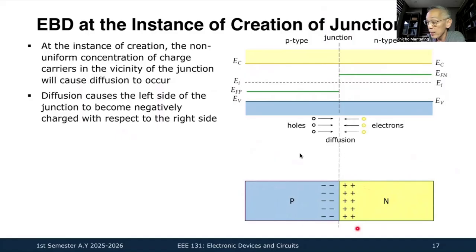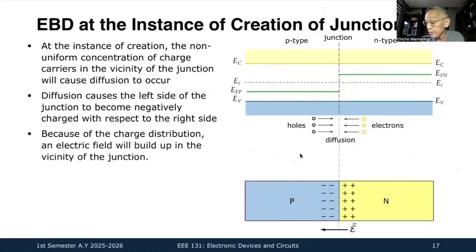Here, positive charge build up. Here, a negative charge build up. And whenever you have a charge distribution, as in the previous example of a non-uniformly doped semiconductor, you will have an electric field. There will be an electric field from plus to minus. This is the electric field. What happens when you have an electric field?